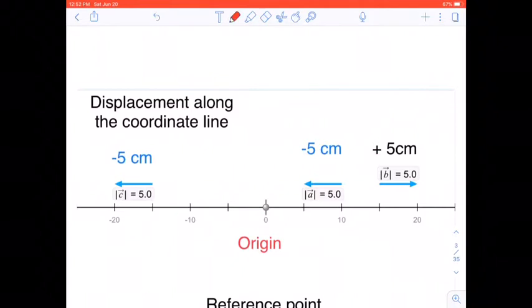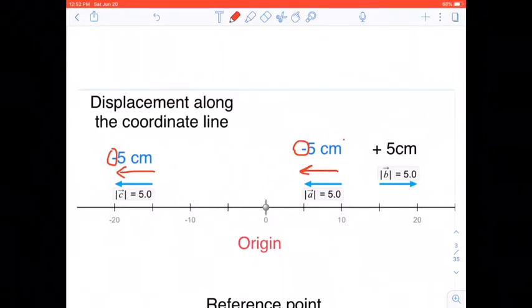This one is a vector that's pointing towards the left, as you can see, and it's 5 centimeters. This one is also a vector that's pointing towards the left, is it not? Also pointing towards the left, and that's negative and that's negative. So what do these negative signs tell us?